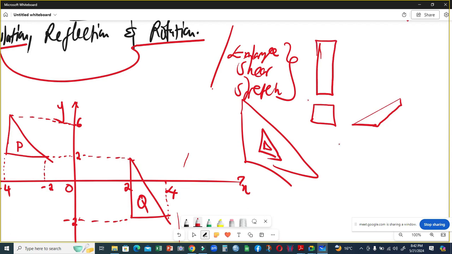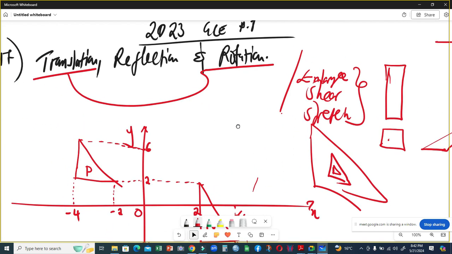Have you seen that? So for enlargement, shear, and stretch, the shape of the object and its image is totally different. But for the first three, translation, refraction, and rotation, the object and the image have the same shape.